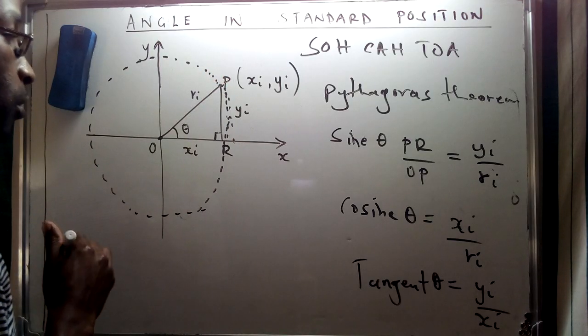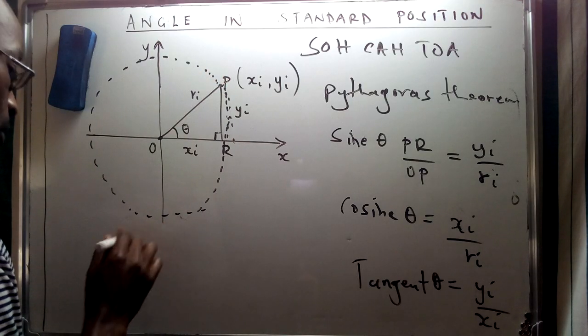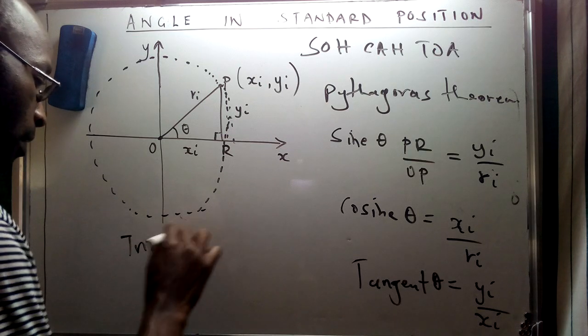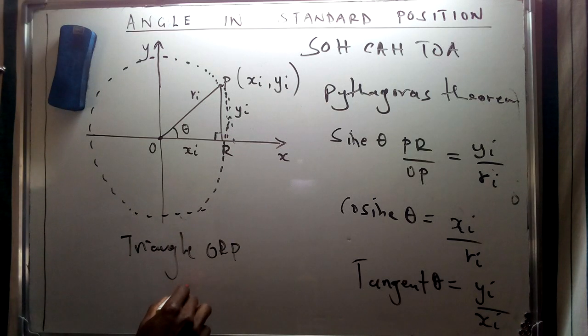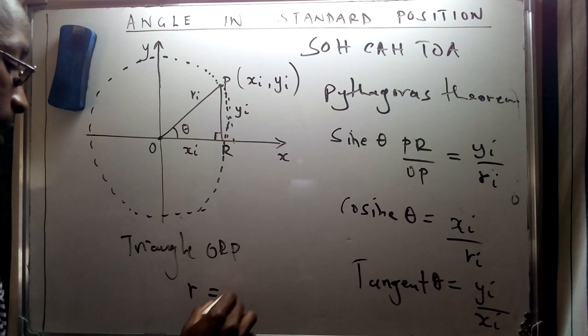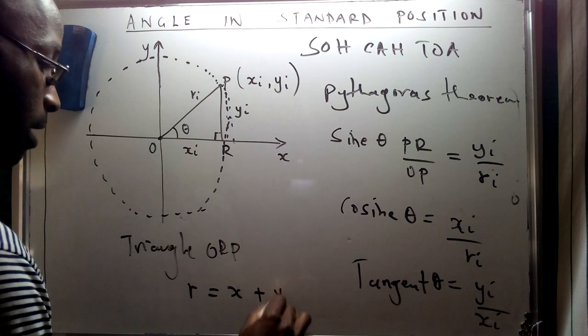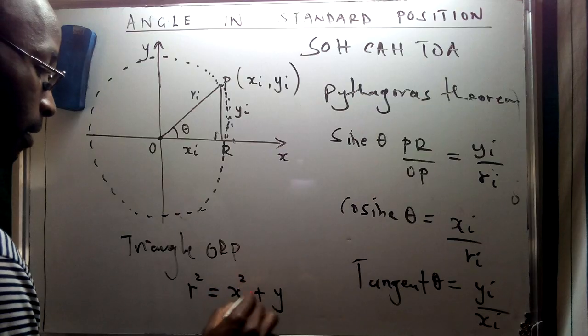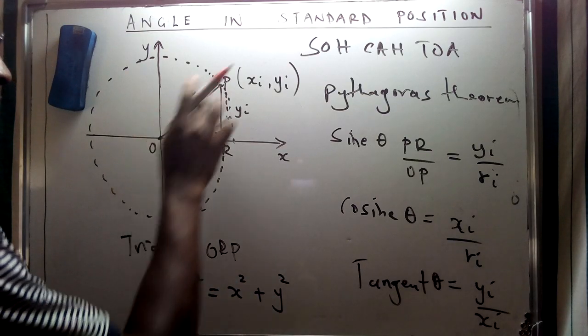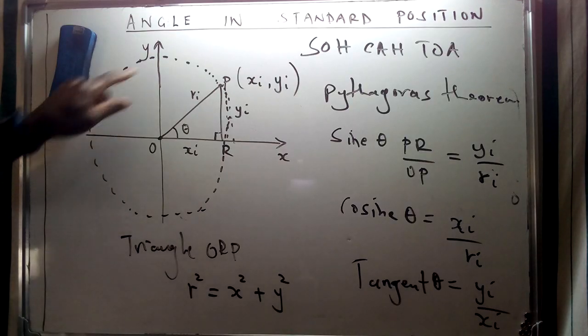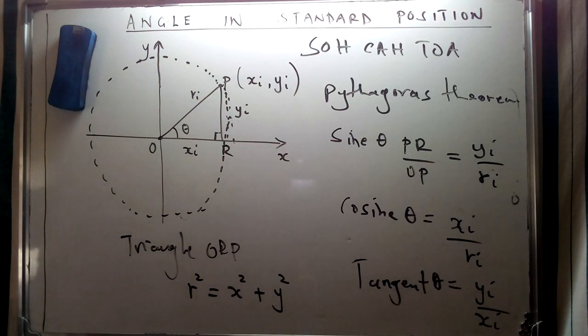So for triangle ORP, the relationship between the sides R, X and Y can be given as: the sum of the squares of the two sides is equivalent to the square of the radius of this imaginary circle that I've given in this specific case.